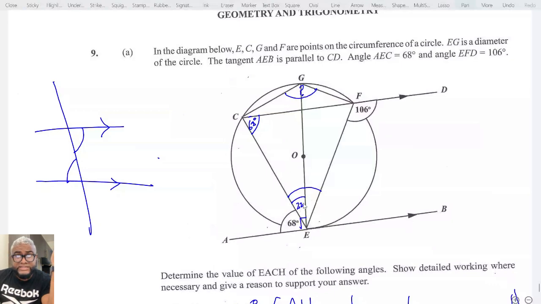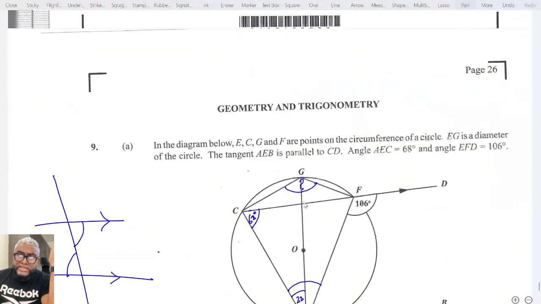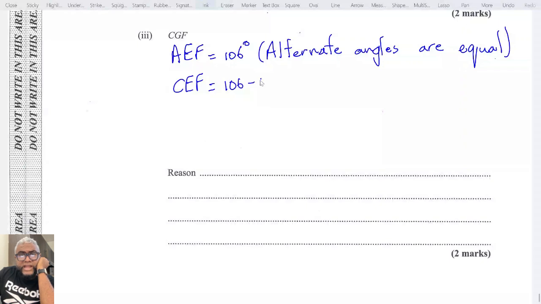So CEF is equal to 106 minus 68. Anybody? 38. You sure? Yeah, 38 degrees, right?